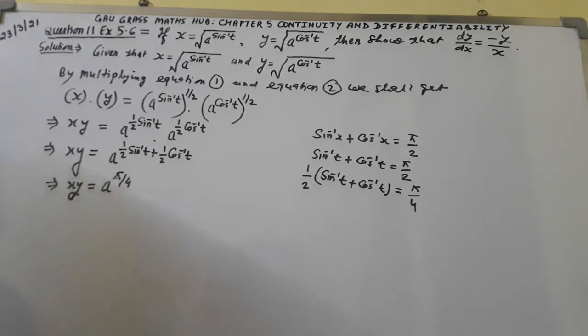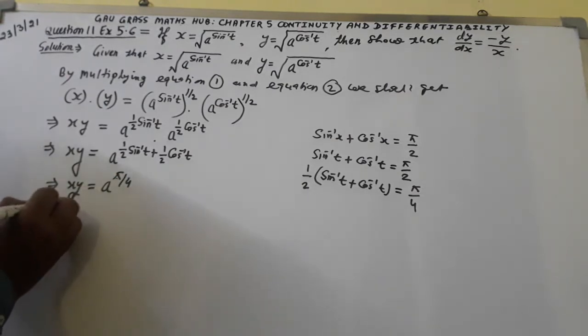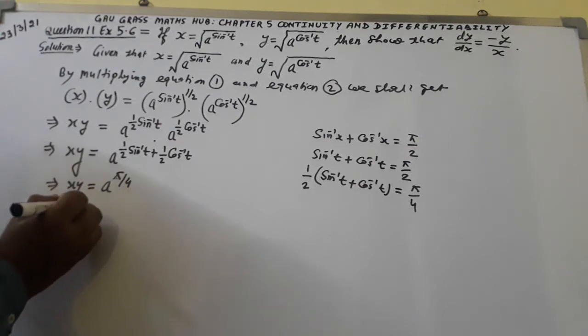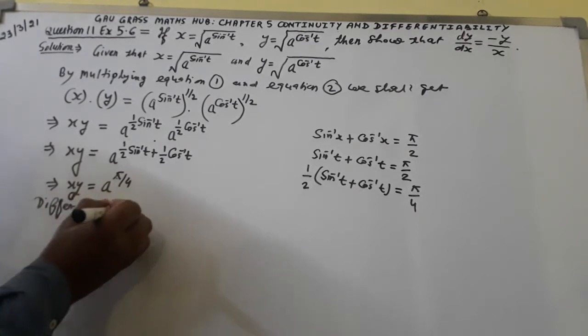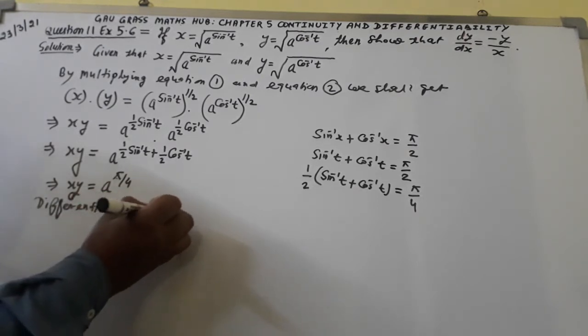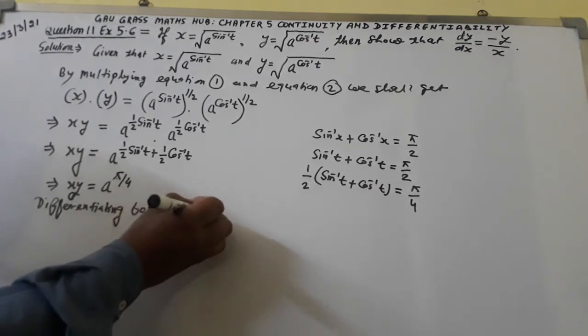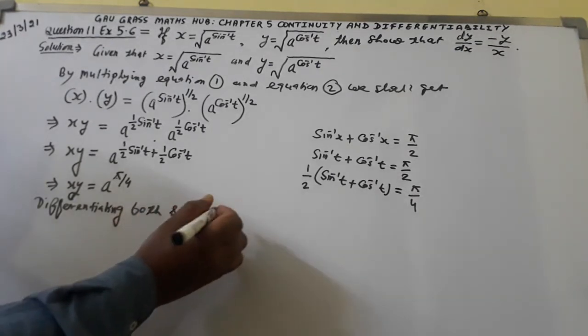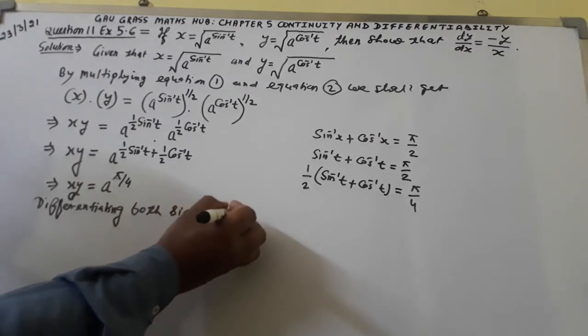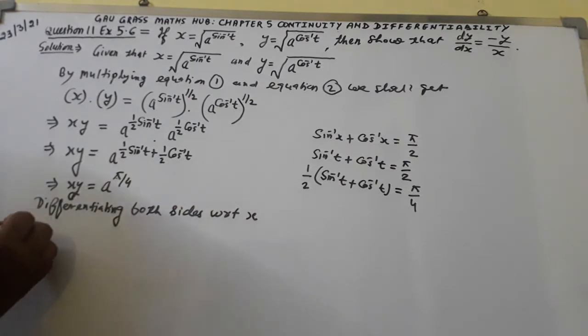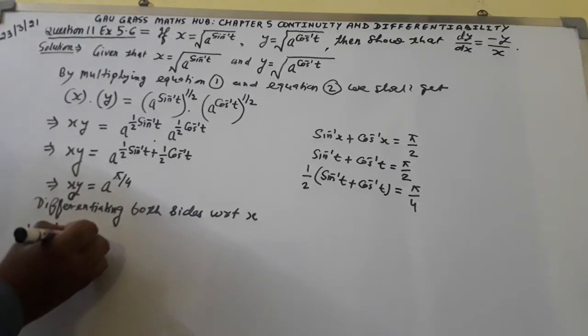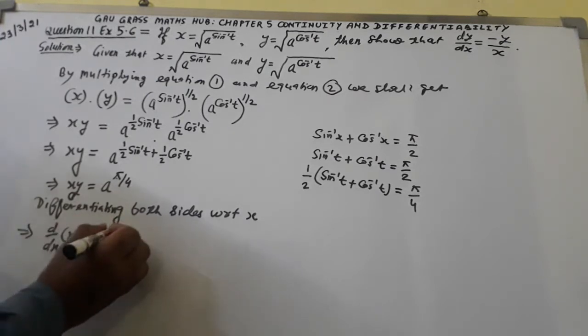So here I shall write differentiating both sides with respect to x. So here I shall write implied that d over dx of xy is equal to d over dx of a raised to the power pi by 4.